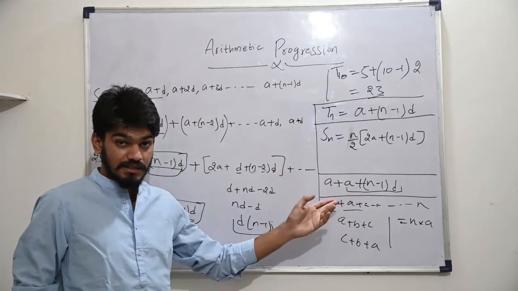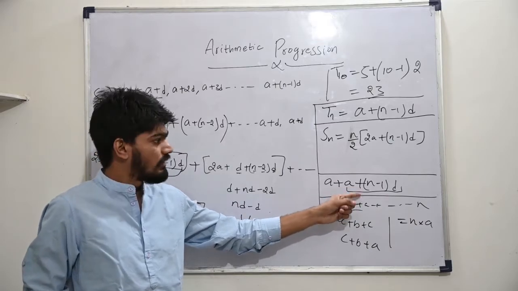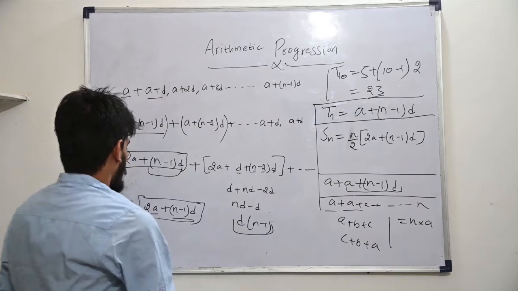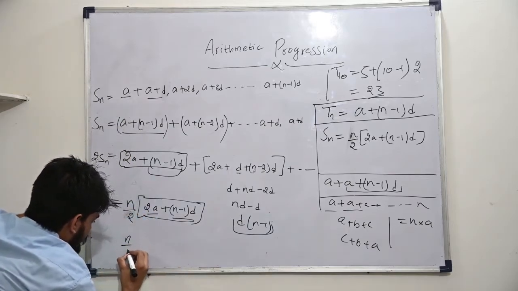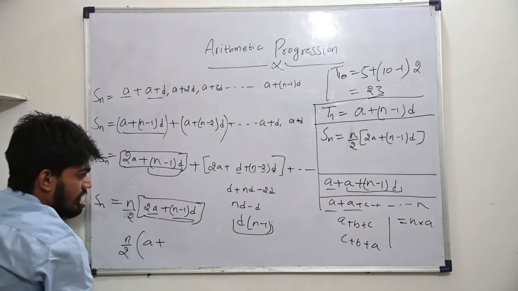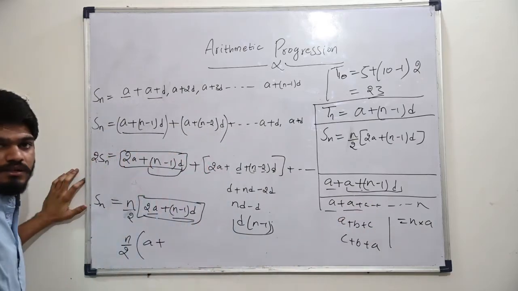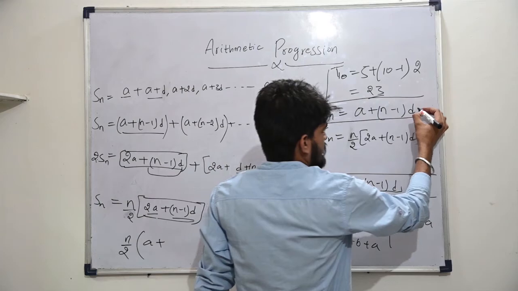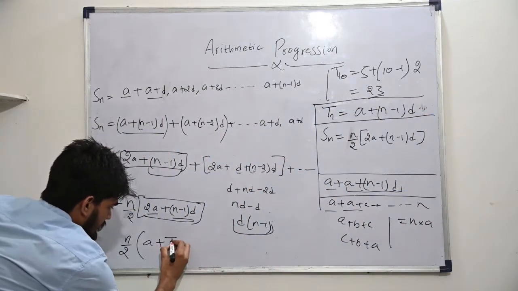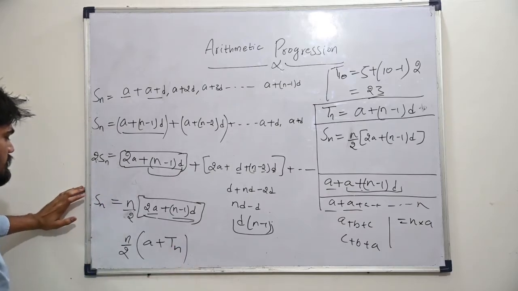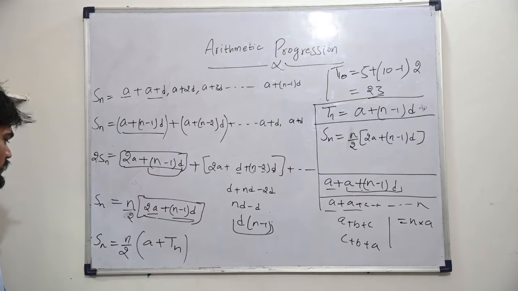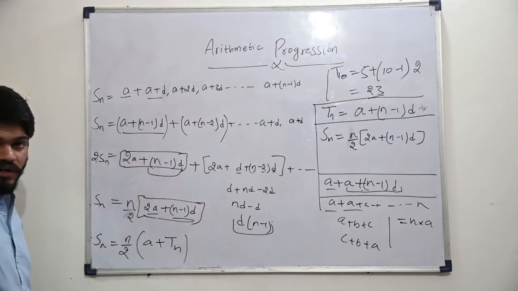So this will be the last term as well, because the nth term is the last. So here we can replace this with n by 2 into a plus the last term. Let's write it as Tn, a plus Tn. That is also a formula for the sum of an arithmetic progression given up to nth term.